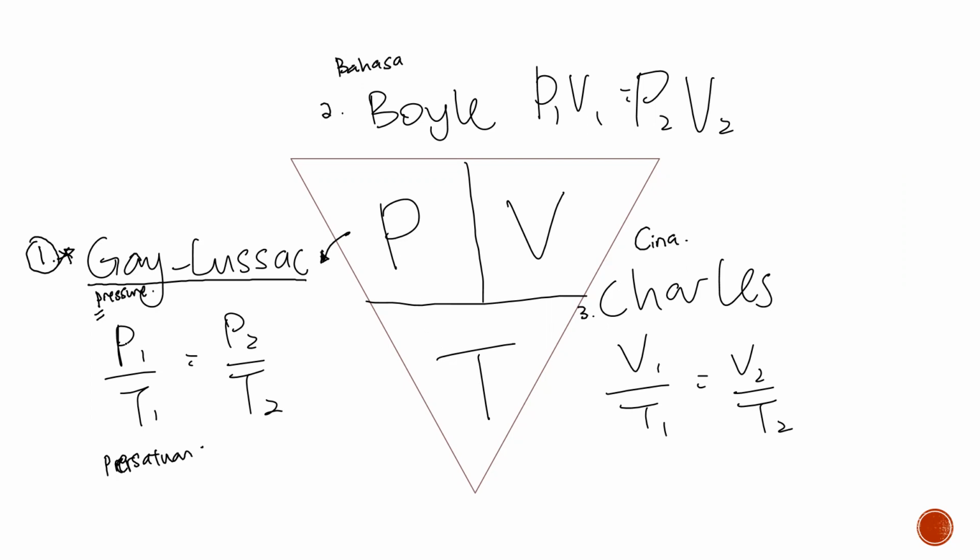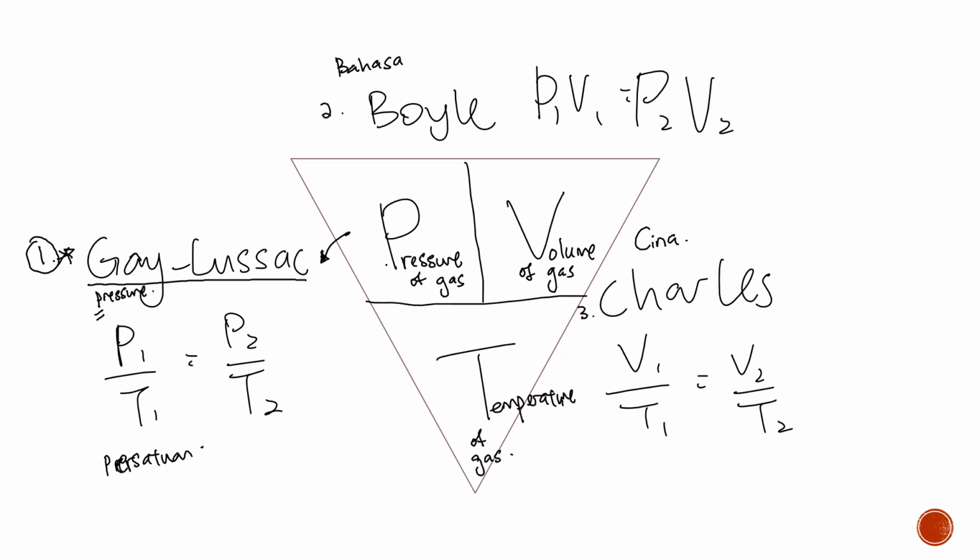P over T means pressure over temperature. P means pressure, V means volume, T means temperature. So these are the three variables of the gas: pressure, volume, and temperature of gas.